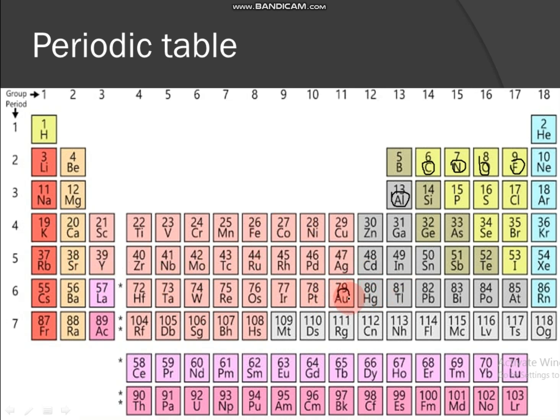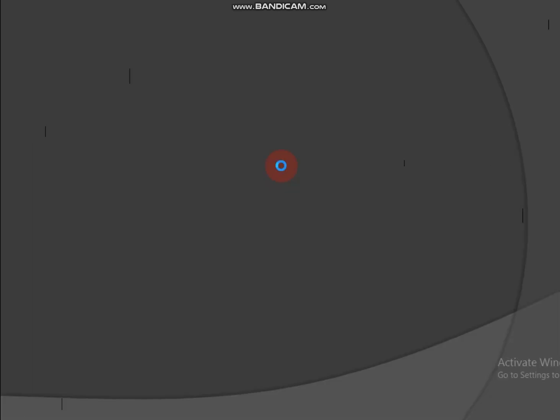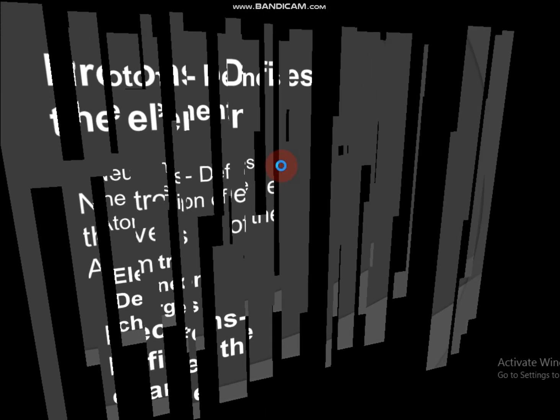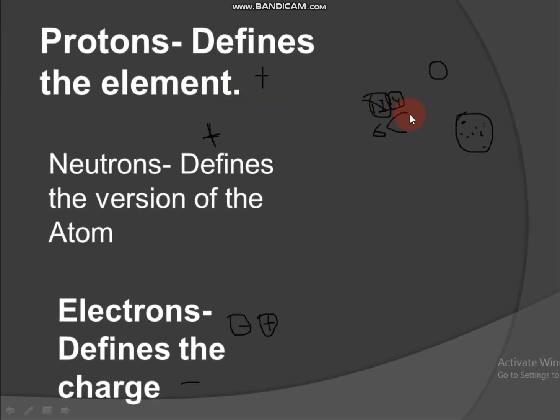This Au is gold, and this H is hydrogen, and this is the carbon which I was giving you as the example. Let me show you the structure of carbon again. It has 6 protons, 6 neutrons and 6 electrons. It's the carbon 12 version.